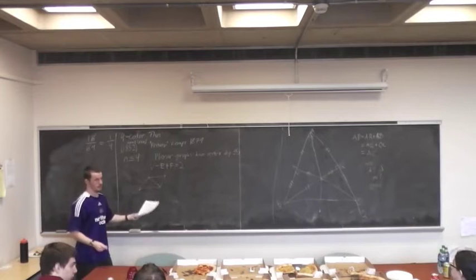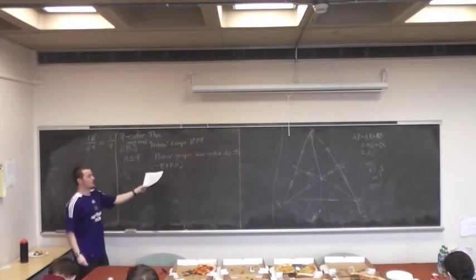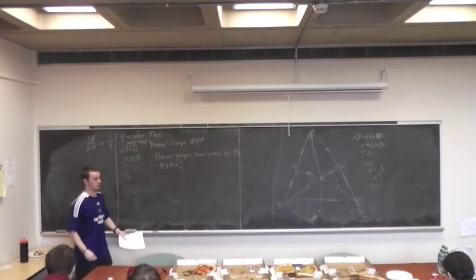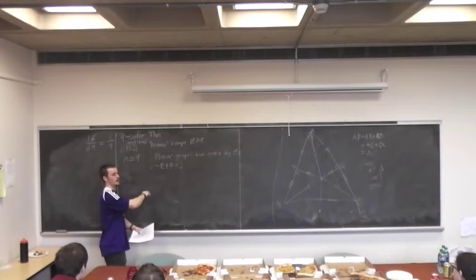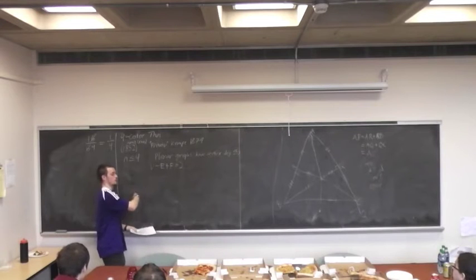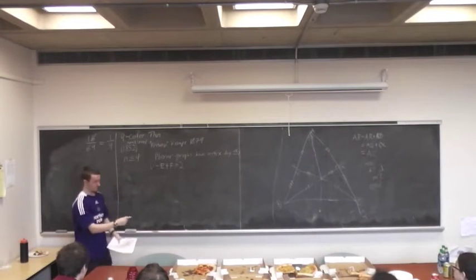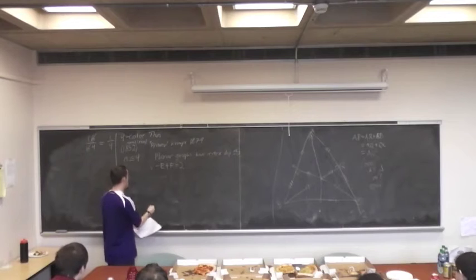Consider the outside as a face as well. So we have v minus e plus f equals 2, and you can actually prove this by considering a planar graph, and if it has a cycle, remove one of the edges. In removing an edge, you're also removing a face, and you'll get down eventually to a tree, which satisfies this trivially.